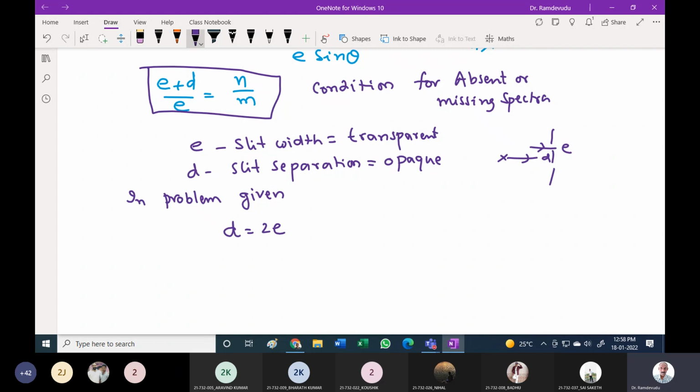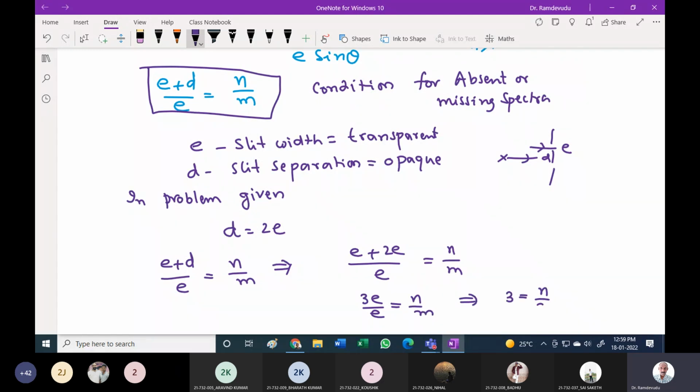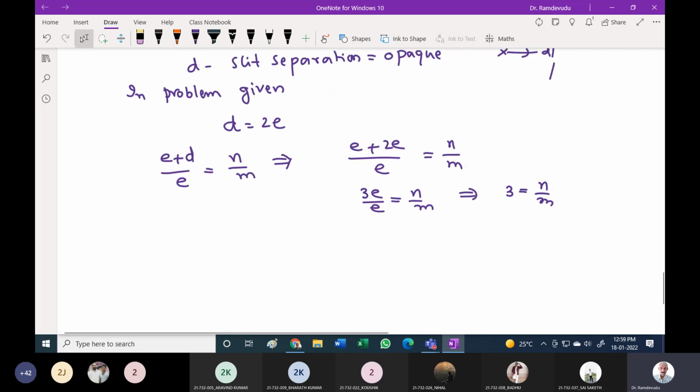Carefully you have to write how they are using it. Therefore, I write in this equation (e plus d) by e is equal to n by m. Now e is e, d is 2e, so 3e by e is equal to n by m, which I write as 3 is equal to n by m. Otherwise, n is equal to 3m.